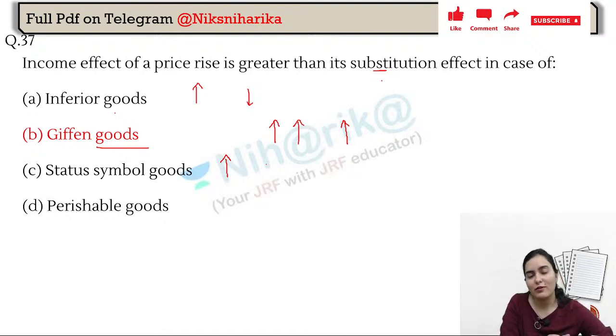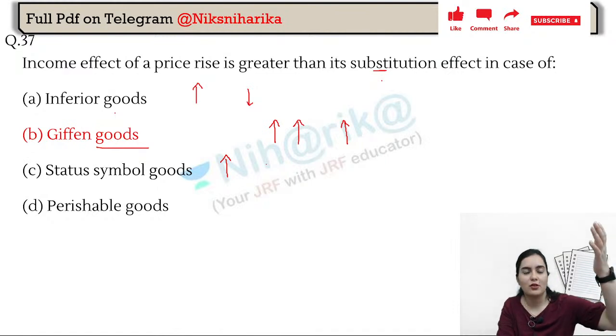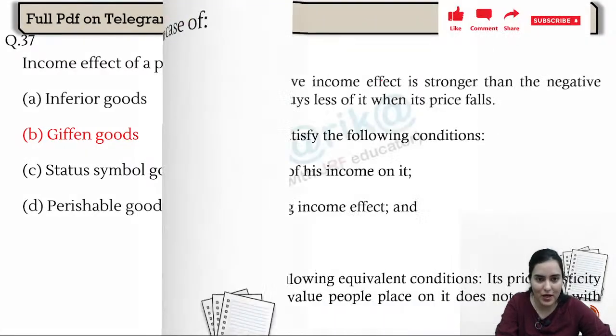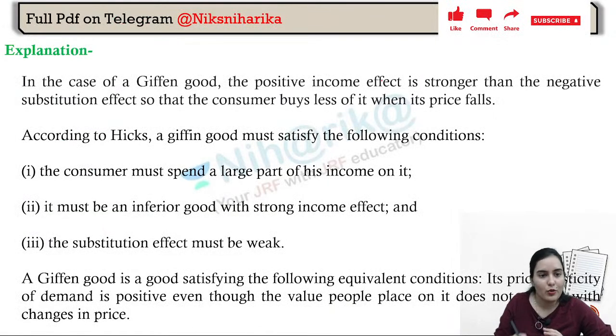Okay, so even if the income or the price of the bread is increasing, you are still increasing the consumption of bread. Why? Because that is a highly inferior good, like bajra, jowar. You have seen this.